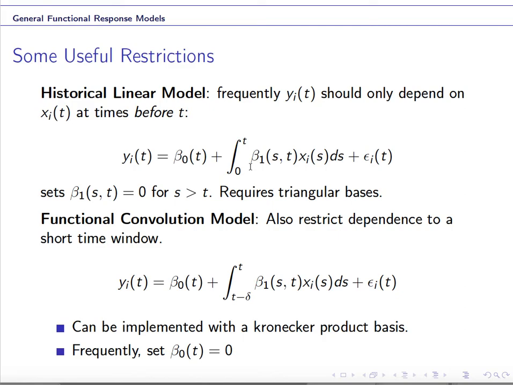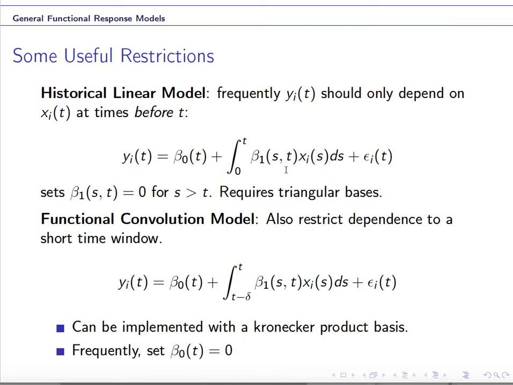So this is one potential problem for general functional models. That's the reason we can put the range of the integral from 0 to t instead. With this range, s will only be between 0 and t, so s will always be less than t, and this model will be more realistic.